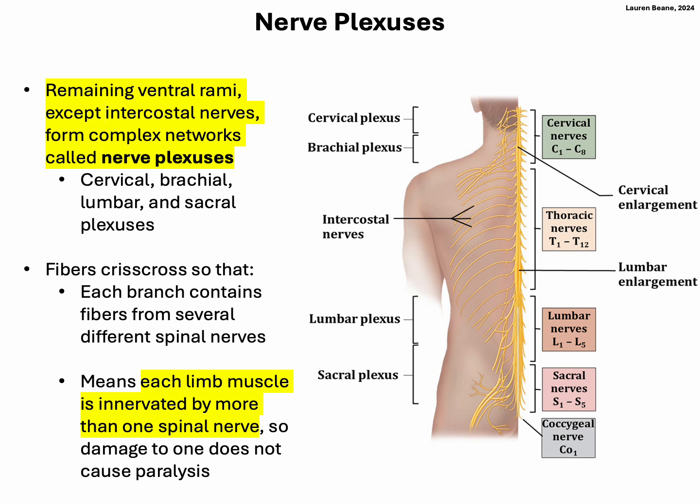So again, ventral rami, except the intercostal nerves, form these complex networks called nerve plexuses. And these pathways are really convoluted, they crisscross, and that's an important feature because each branch is going to contain fibers from several spinal nerves. So if there's damage to one spinal nerve, it won't cause complete paralysis or complete loss of function in that peripheral nerve fiber.